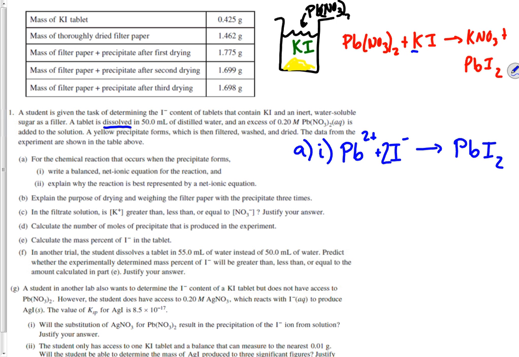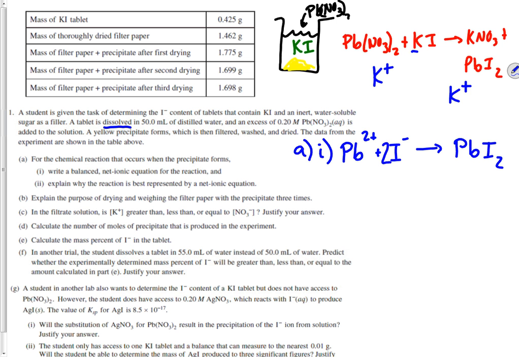All right, part A-II: explain why the reaction is best represented by a net ionic equation. Now, this is hard because it's like, how am I supposed to say this in words? But basically, in general, what are we not showing? We're not showing the spectator ions. If you need an extra explanation, spectator ions are not part of the active chemistry. They're not involved in the chemistry. Chemistry is making something new. If you have KI on the left and you have KI on the right, nothing has changed. There's no chemistry actually involved in that, per se.